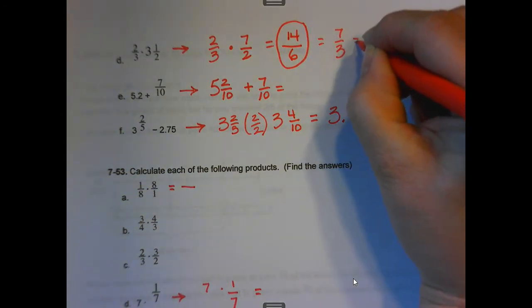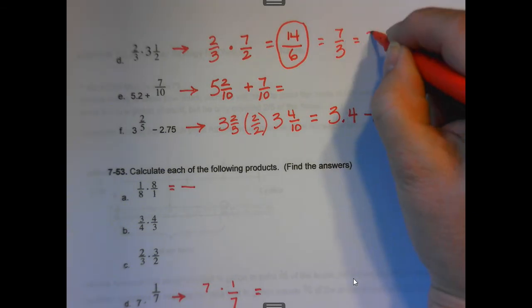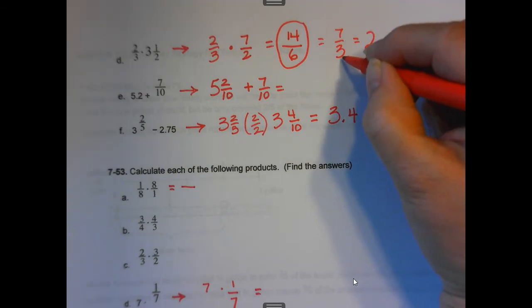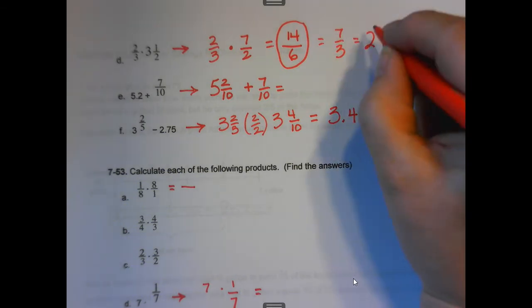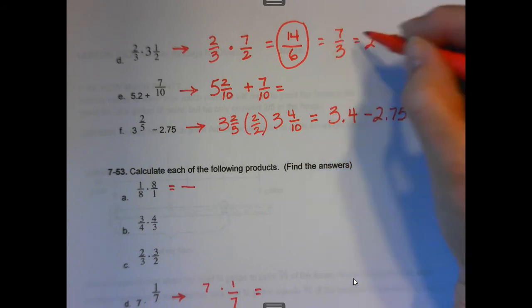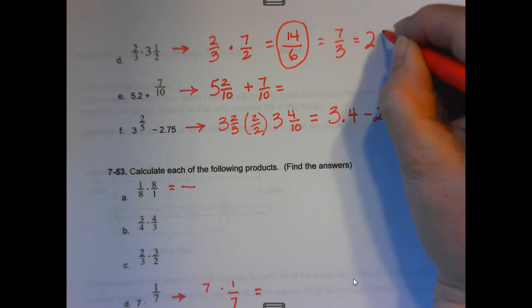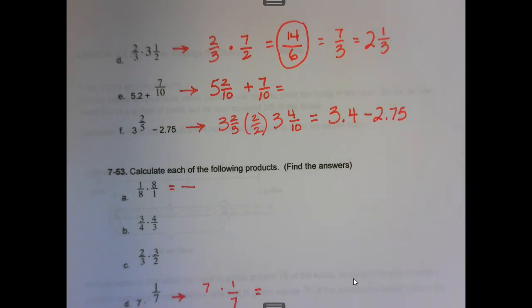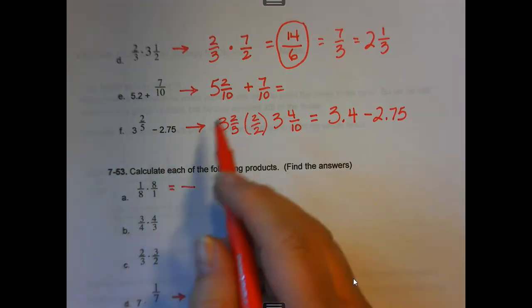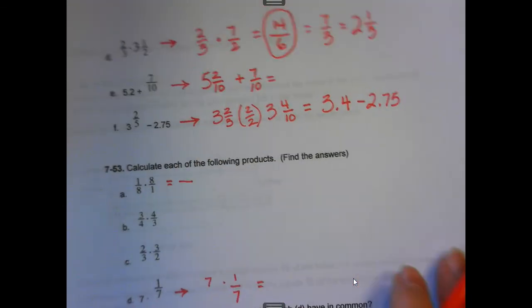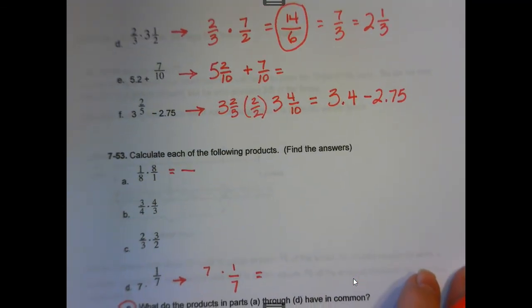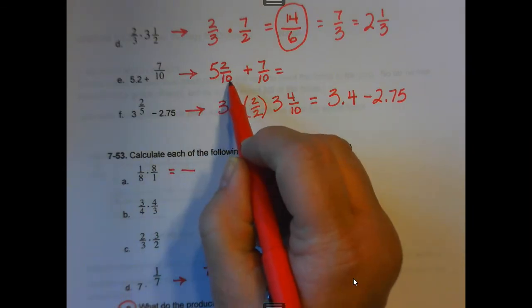And then I know that there are 2 whole groups of 3 in the number 7. If I take 2 whole groups of 3 out of 7, that is going to leave me with 1 left over. So my answer there would be 2 1/3. My next problem, I changed my decimal into a fraction, which is easy to do.